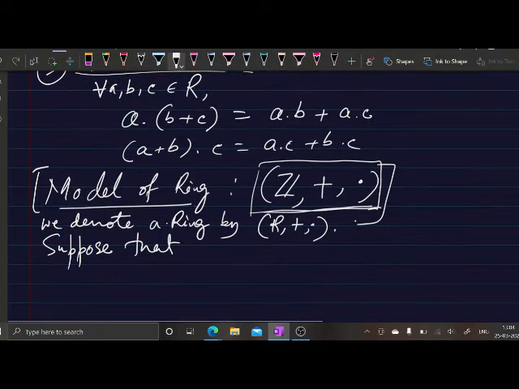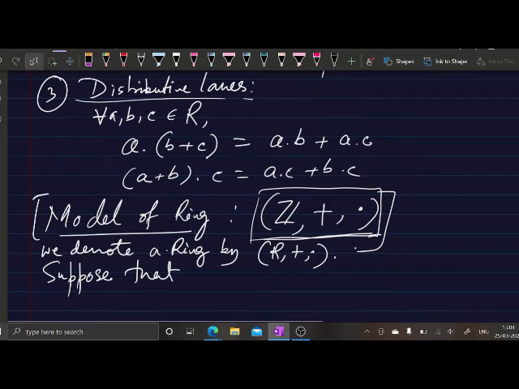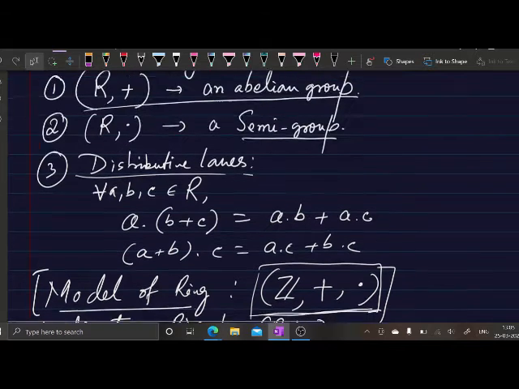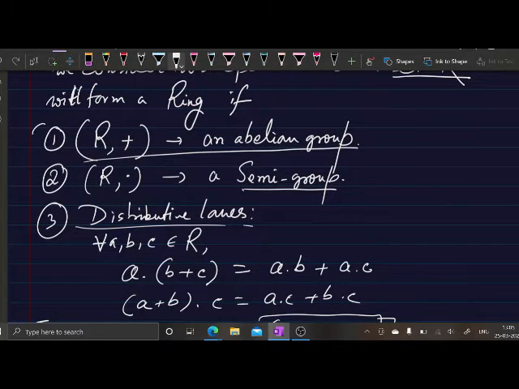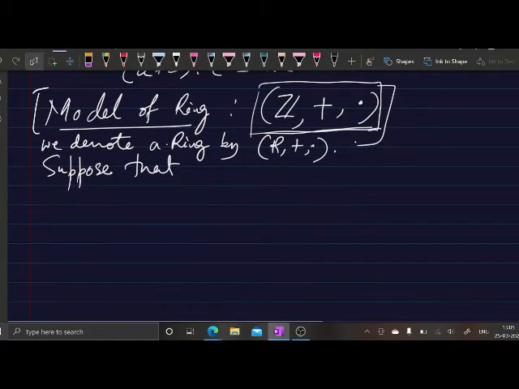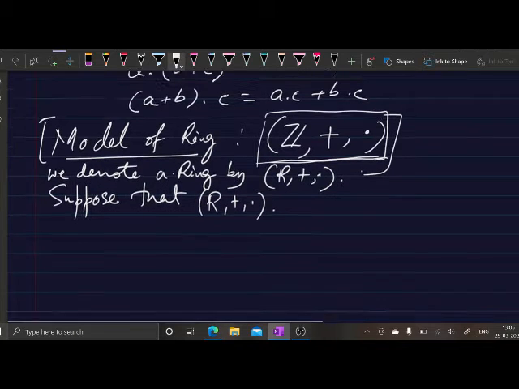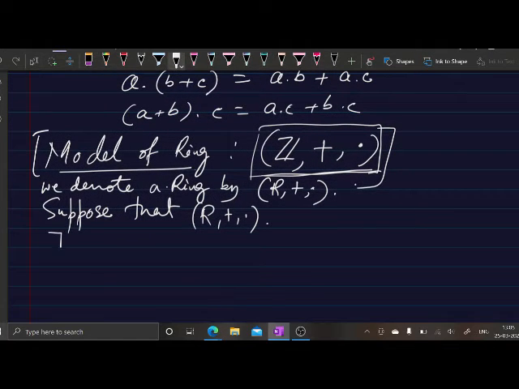R is a set where plus and dot have been defined, which satisfy these 1, 2 and 3. Now suppose that R, plus, dot is a ring. Now if you can find out if there exists an element, that element will be denoted usually by 1.